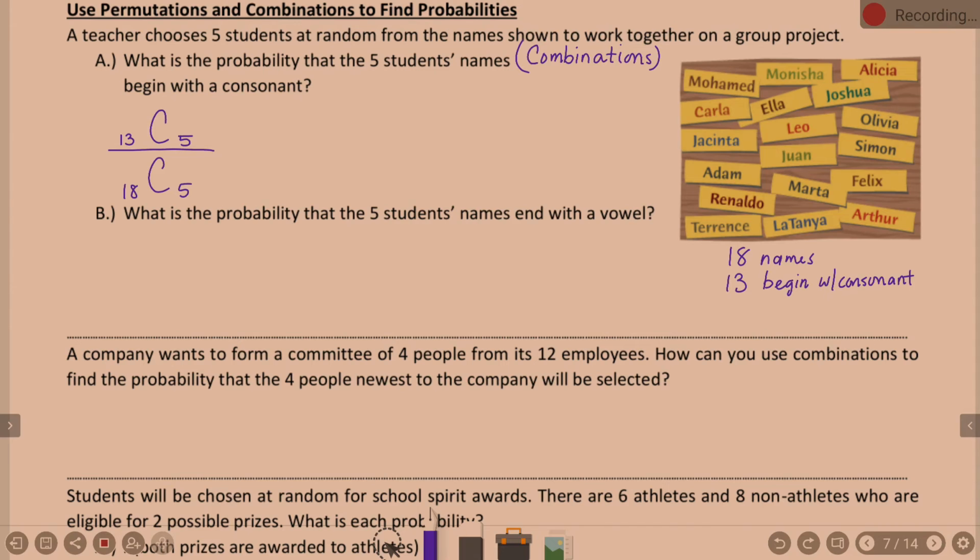What is 13C5? 1,287. What is 18C5? 8,568. I do have a percent answer as a final answer on this one. So in order to do the percent, you're going to divide, yes?